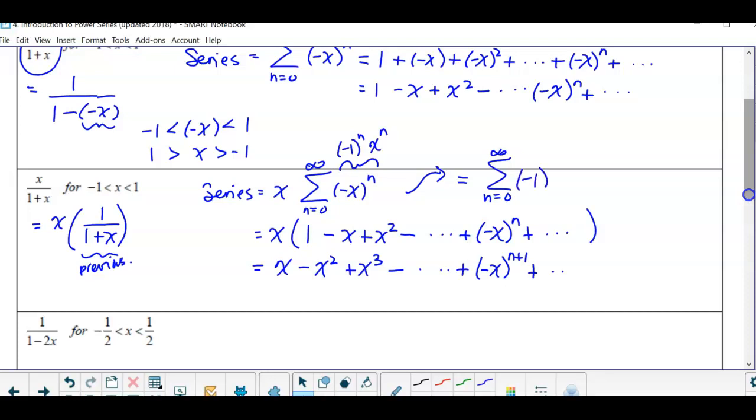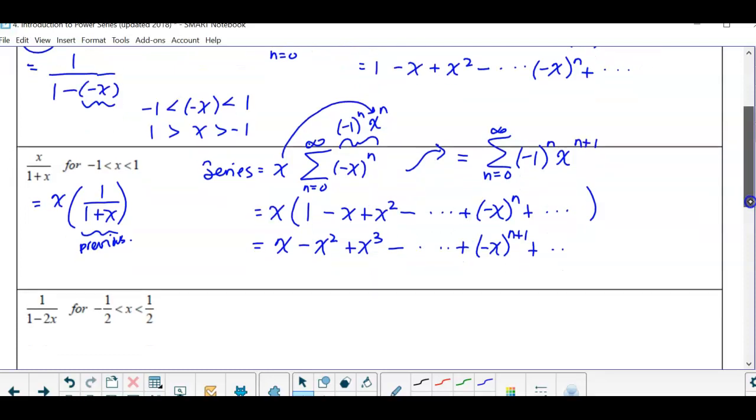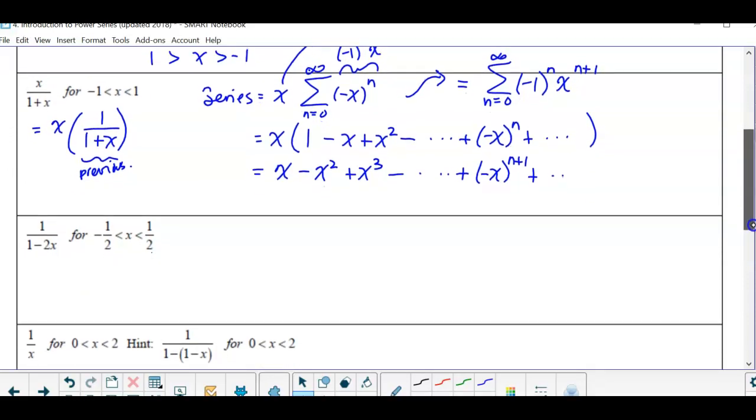That would be (-1) to the n, x to the n plus 1. So it's basically just multiplying this x in with x to the n. Okay, so that's how you could show that one. And again, this will stay the same because we already figured it out from there.